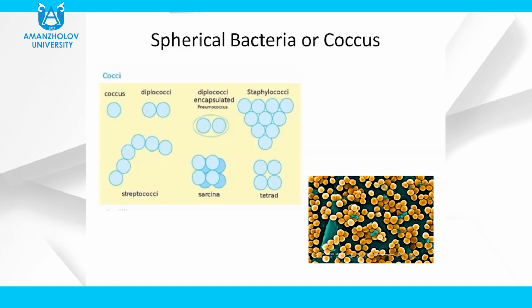Staphylococci bacteria. The term Staphylococcus comes from the word staphyle, meaning grape-like clusters, and coccus, meaning berry. The arrangement of Staphylococci resembles cells aggregating in grape-like structure.